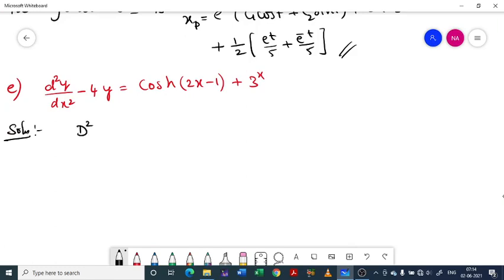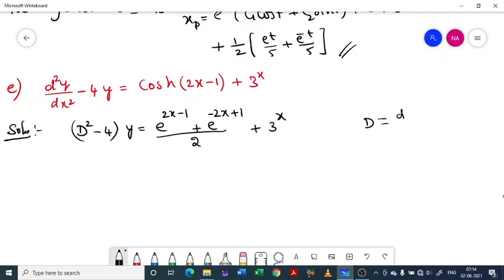The given equation is (D² − 4)y = [e^(2x−1) + e^(−2x+1)]/2 + 3ˣ, where D stands for d/dx.